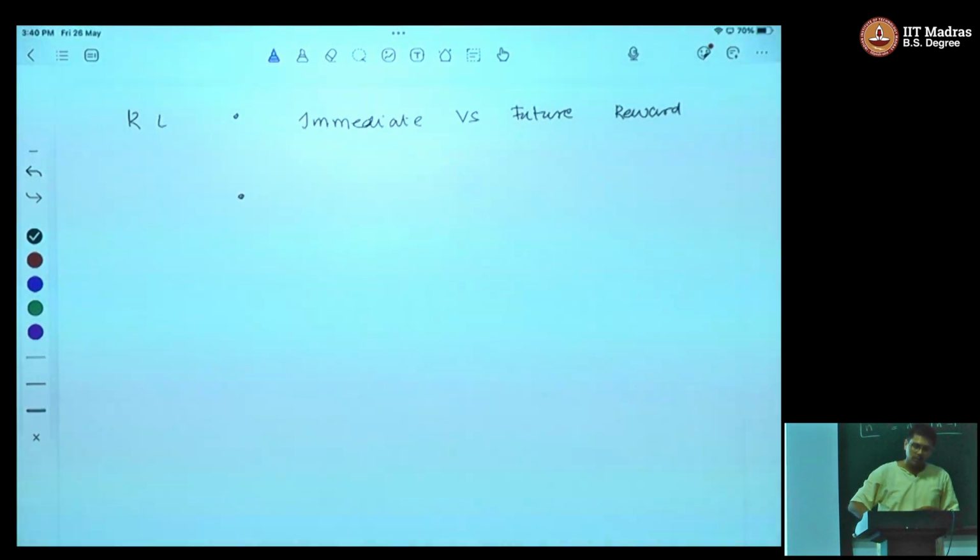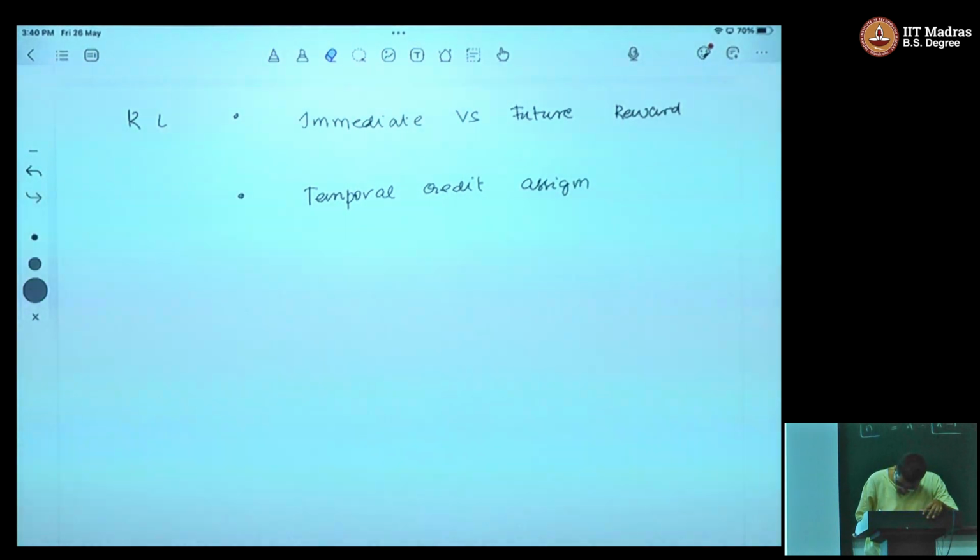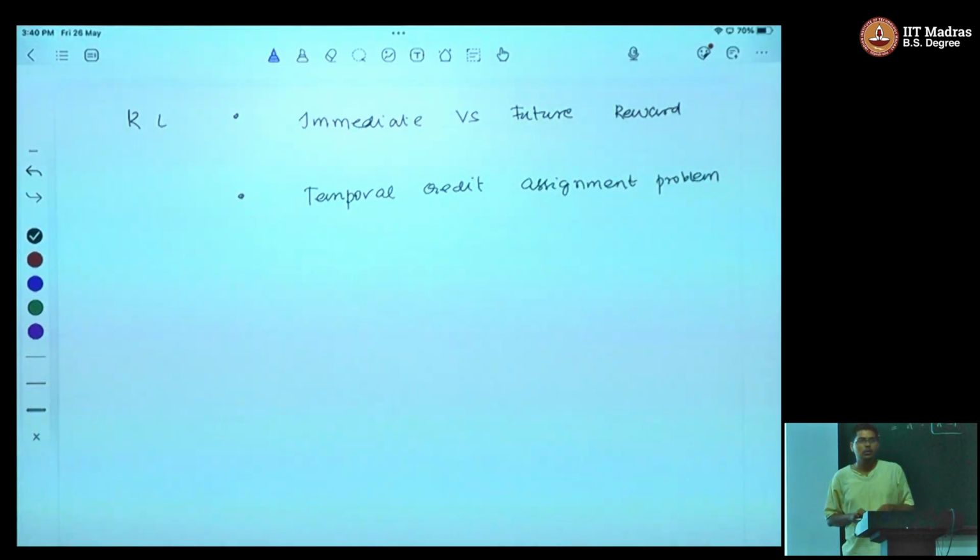So there is what is known as temporal credit assignment. You really cannot pin down that this is the action in this place, that is why I actually won.